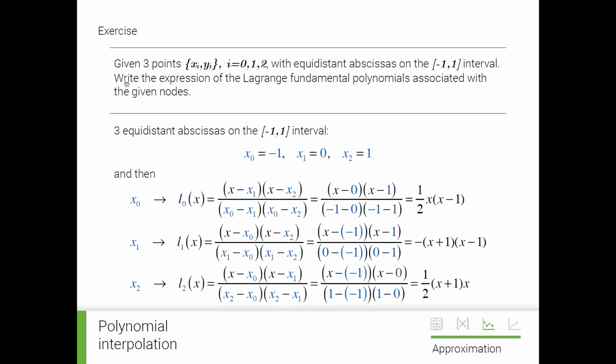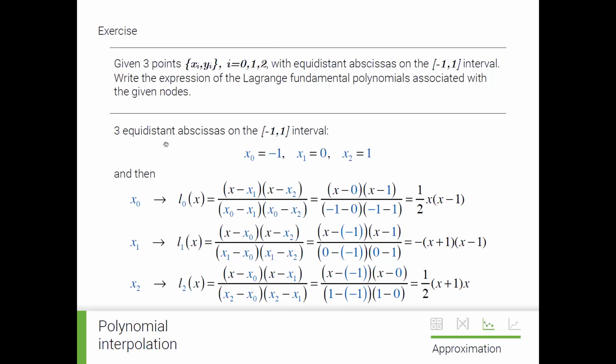Write the expression of the Lagrange fundamental polynomials associated with the given nodes. So 3 equidistant abscissas on the interval -1 to 1 are -1, 0, and 1. Yes? Is it clear? Why -1, 0, and 1? Students? It's clear. It's not so hard to understand.